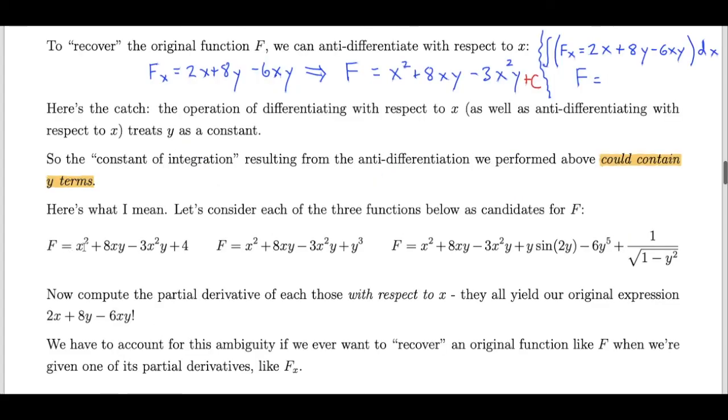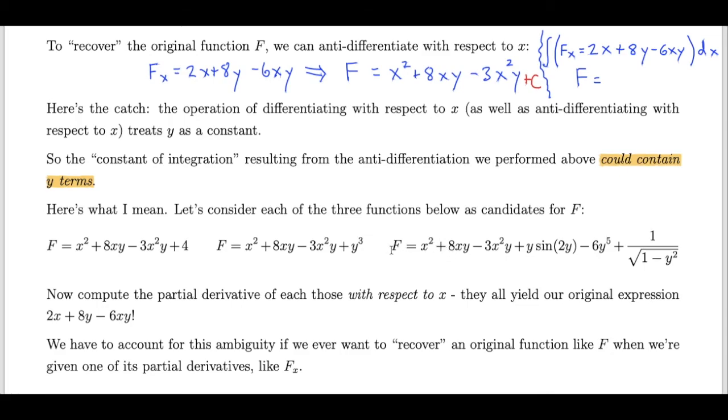Suppose each of these three functions is a candidate for the capital F, the antiderivative or the original function that I'm trying to recover. These functions are the same if we focus on the first three terms, but in this first capital F, I simply have a constant added at the end. In the second capital F, I have a y cubed term added at the end.